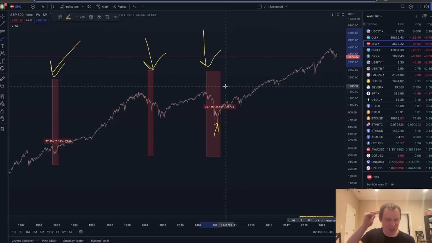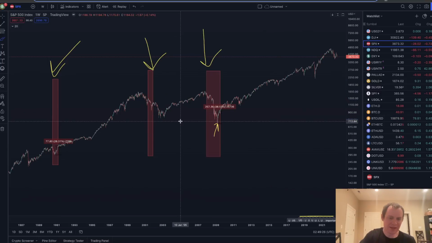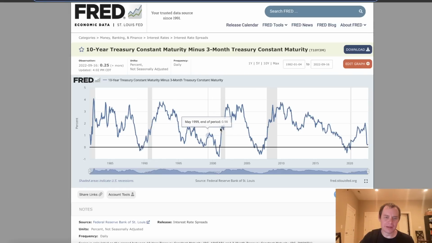Now, there does exist a chance where that's not the case. But a lot of times it does tend to be the case that the stock market will bottom before the recession is actually over. And right now, they haven't even declared a recession. If you see the 10-year invert with the 3-month, you'll likely see a few more people saying, okay, it's a recession.